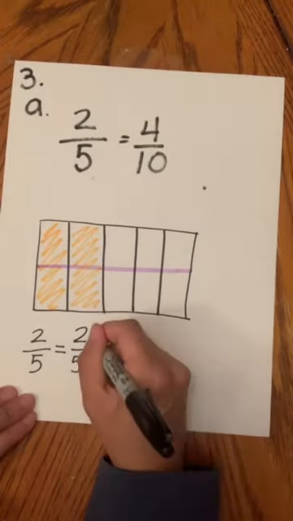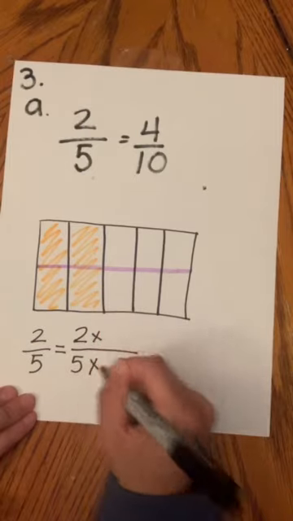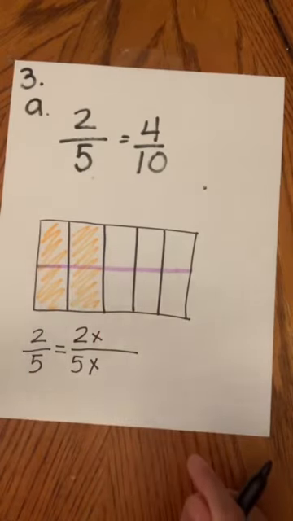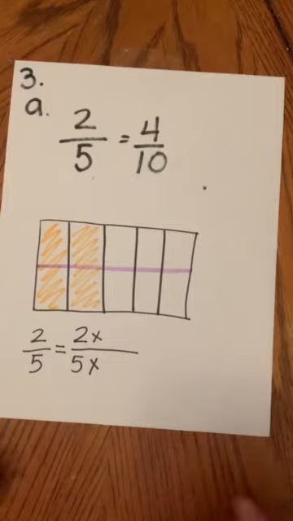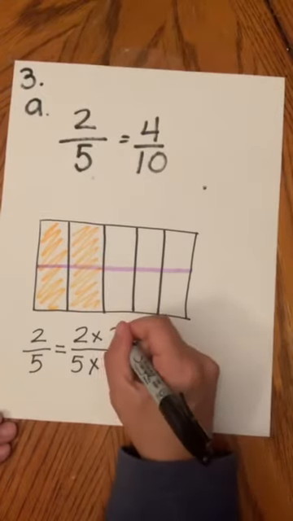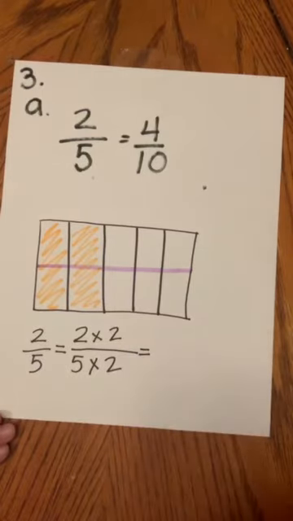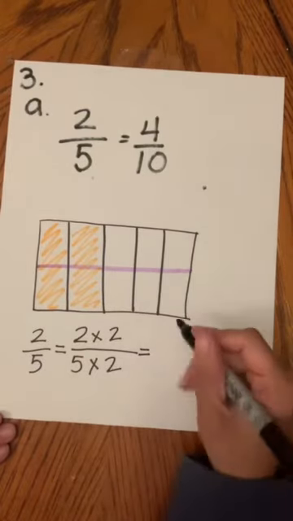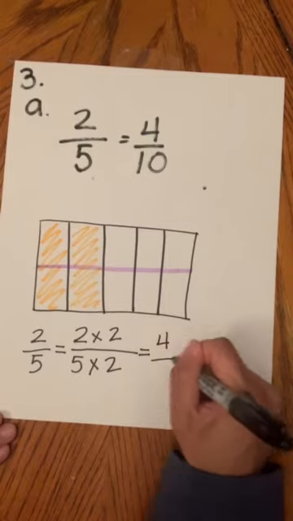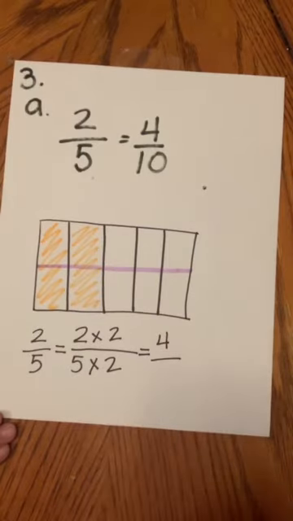And I know we're going to multiply, right? How many rows did Miss Martinez make now? Looks like 2. So I'm going to multiply by 2. 2 times 2 is, yes, 4. 5 times 2 is 10.